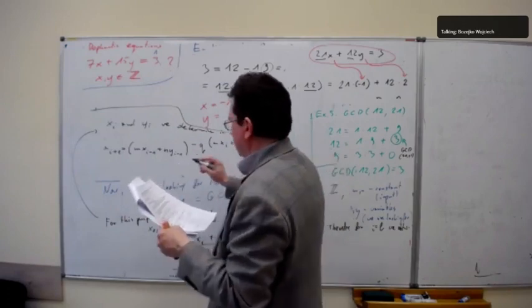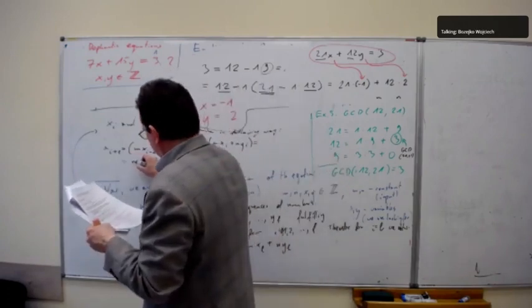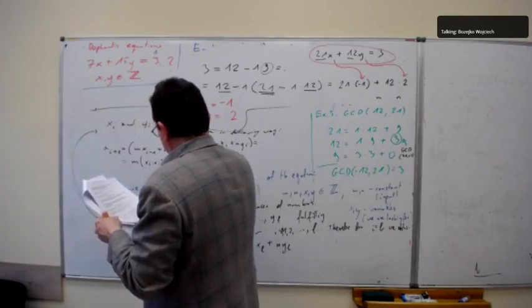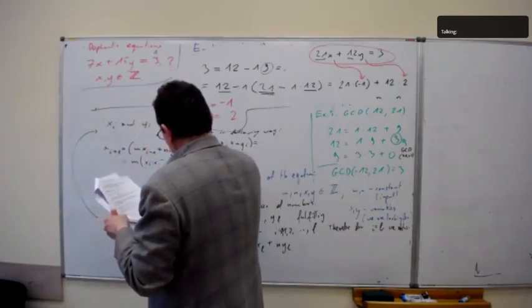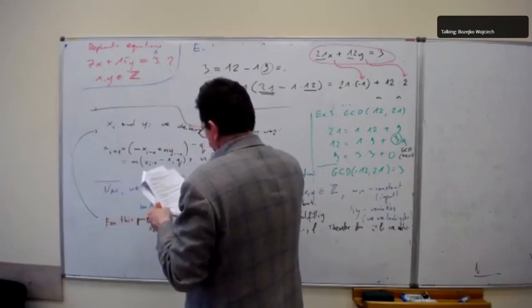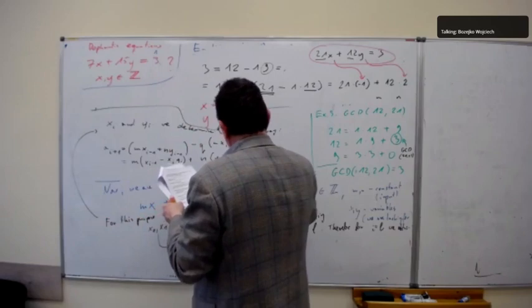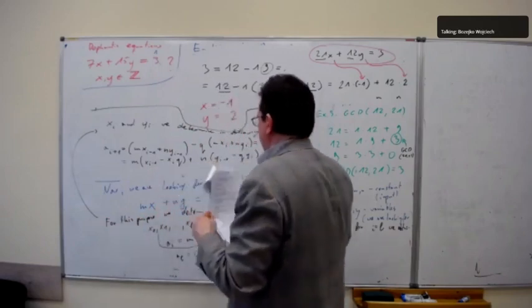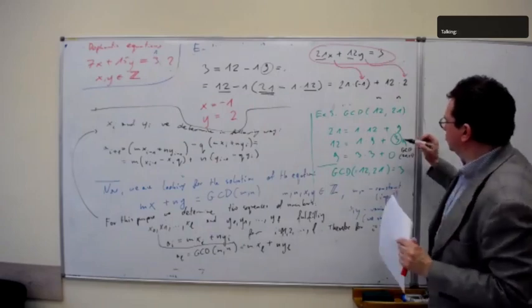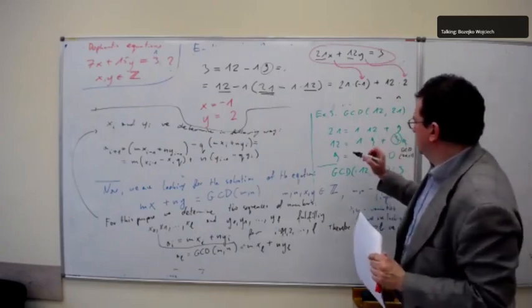And this will be exactly m times (x(i-1) minus q xi) plus n times (y(i-1) minus q yi). In fact, this is a shorter form of writing what we use in a step.